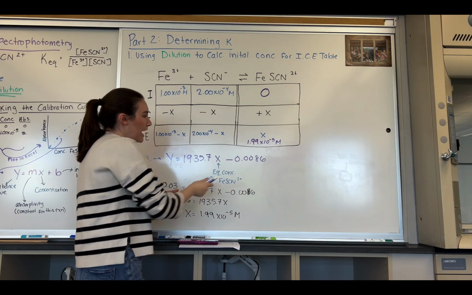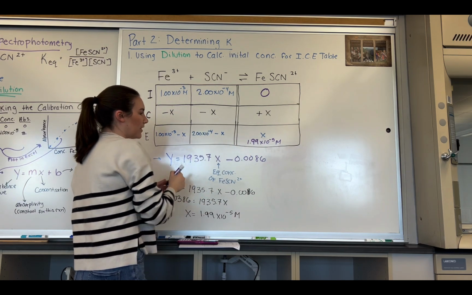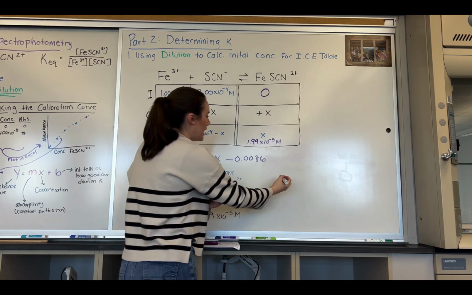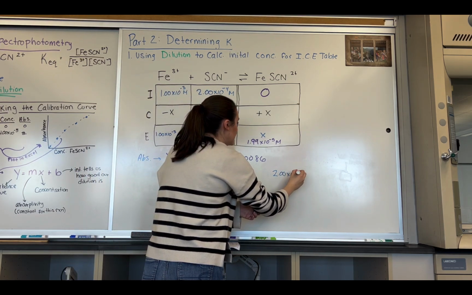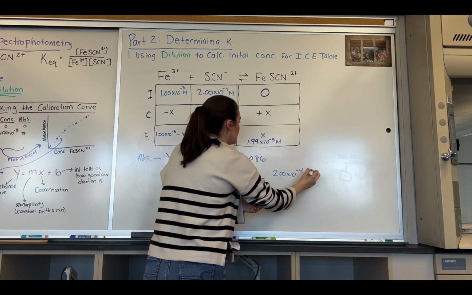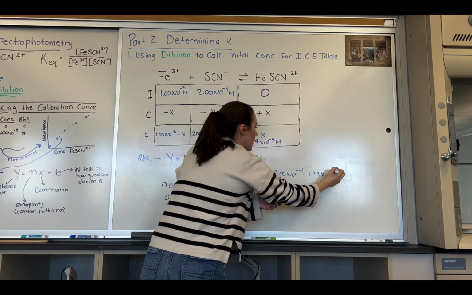Now that this is our x value, I can plug this in to solve for x here. So I'm going to take that 2.00 times 10 to the minus 4 and subtract off 1.99 times 10 to the minus 5.